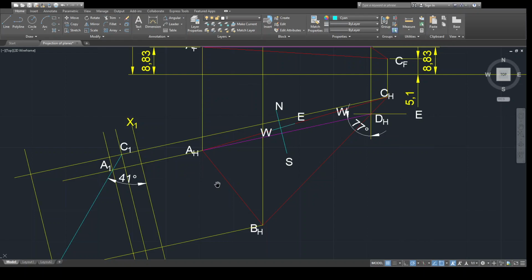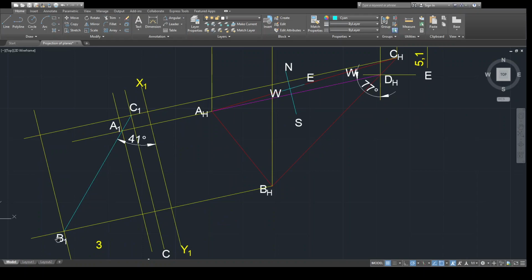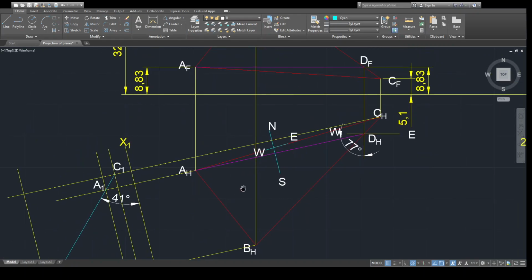Remember, point C1 is close to the x1 y1 line compared to point B1, which means the lower side zone is up. So the lower side zone is above this particular strike line.